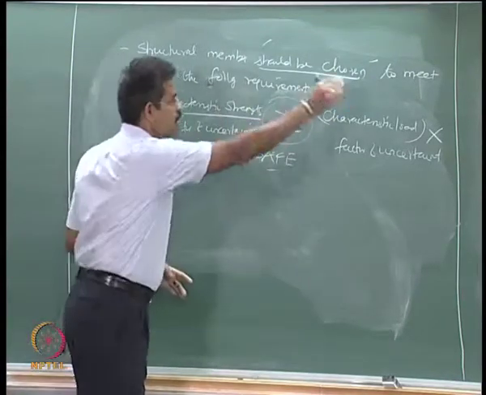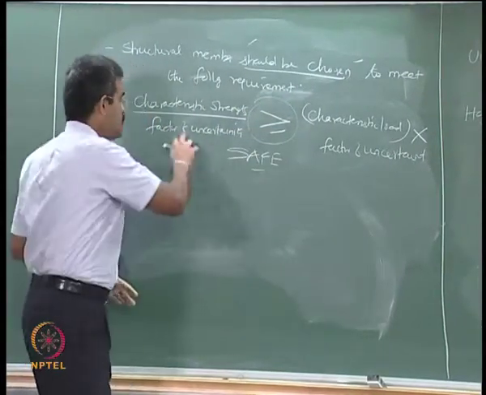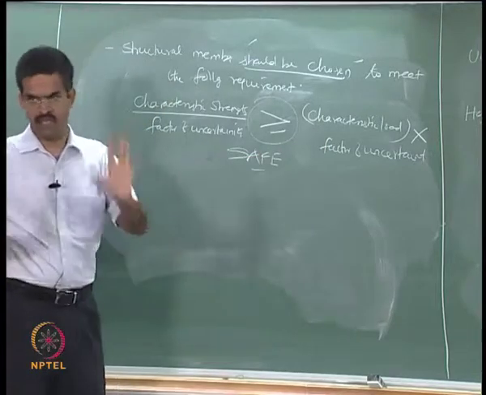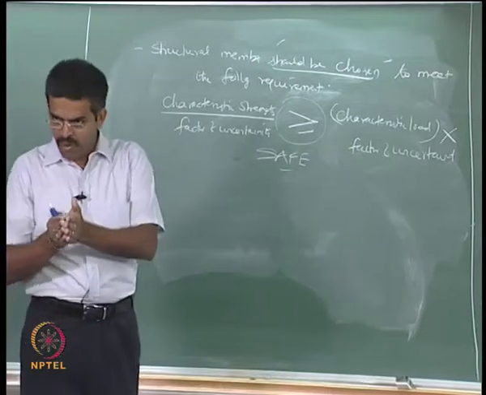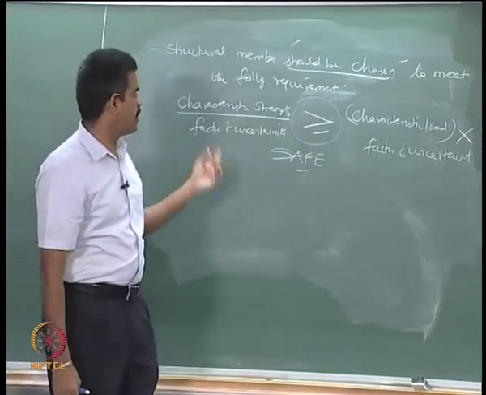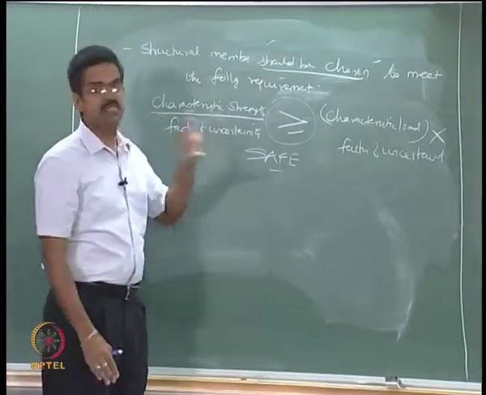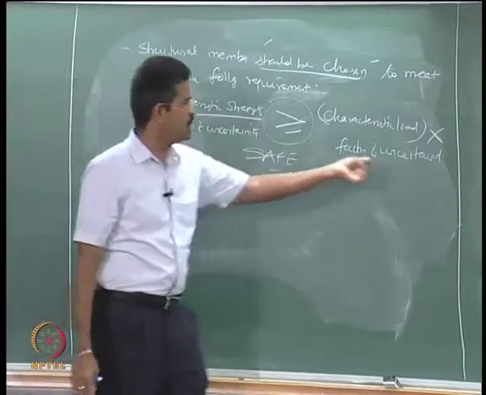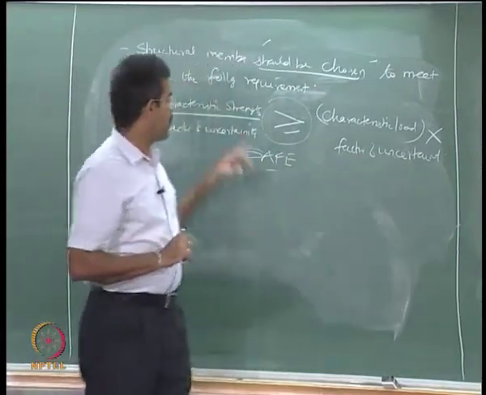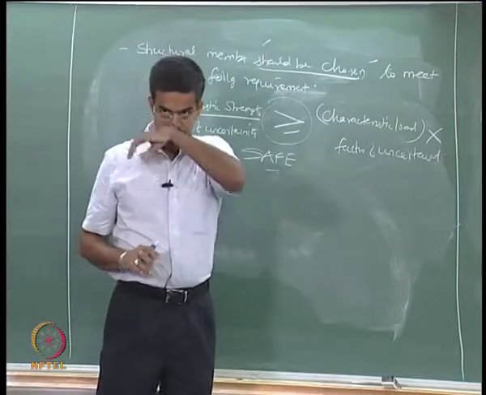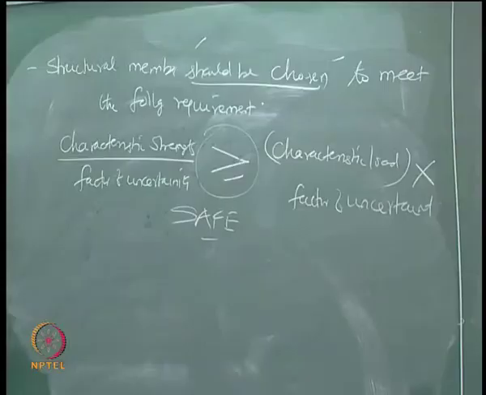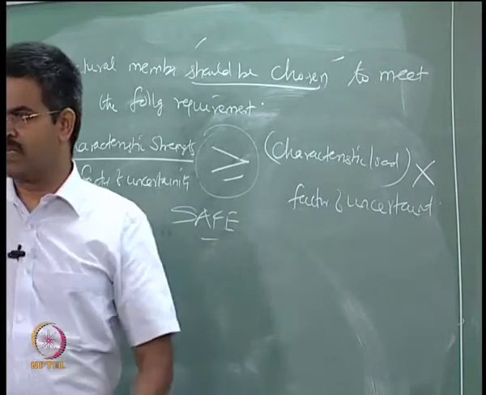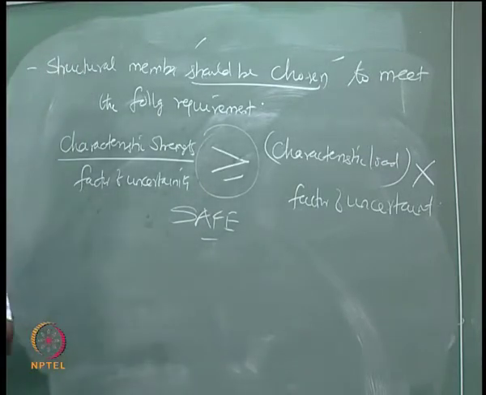If this condition is satisfied, then I call these factors indirectly as factor of safety. Is that clear? There is a small difference between the statement of factor of safety and factor of uncertainty. That is why I am explicitly writing here as uncertainty. So, one is divided, one is multiplied. Let us take two classical examples and try to understand this statement.